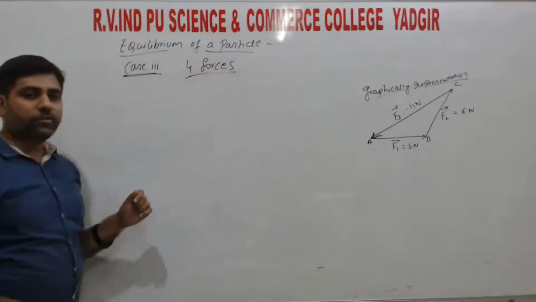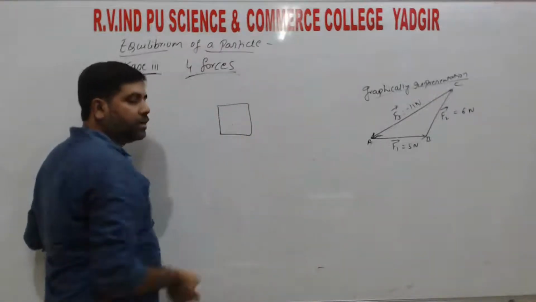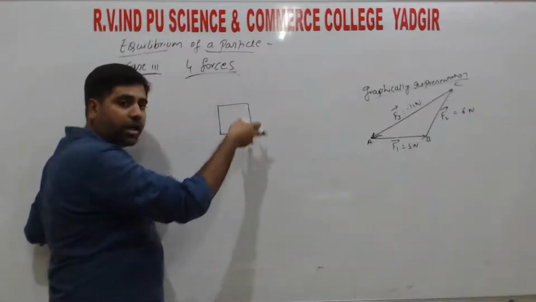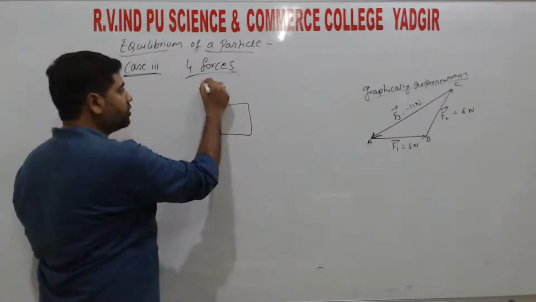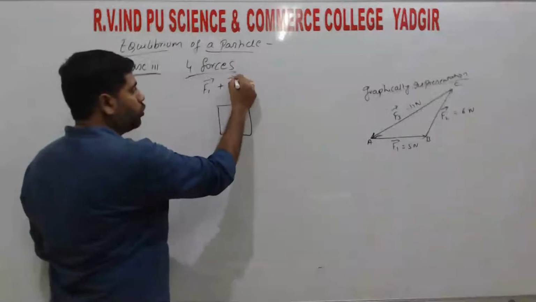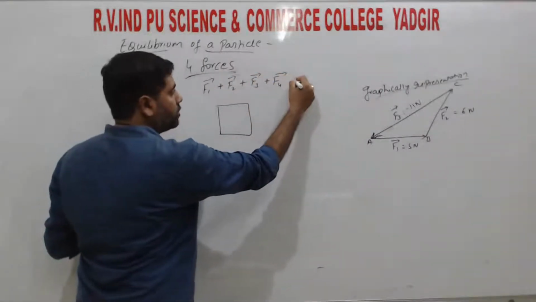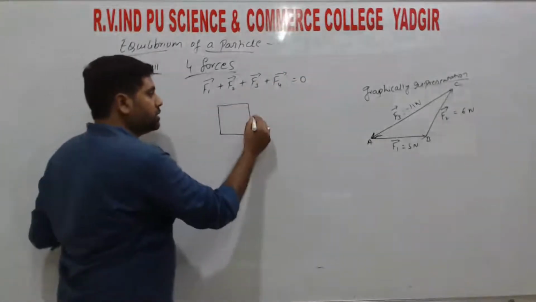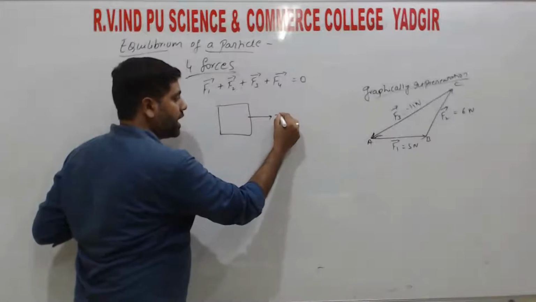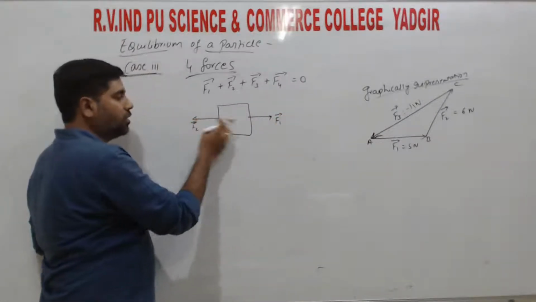So four forces which are acting on any object to keep that object in equilibrium, right? You can take any direction and simplify. So again the final relation is F1 plus F2 plus F3 plus F4 is equal to 0, right? So if the force F1 is acting in this direction, the same equal and opposite force is acting in the opposite direction.